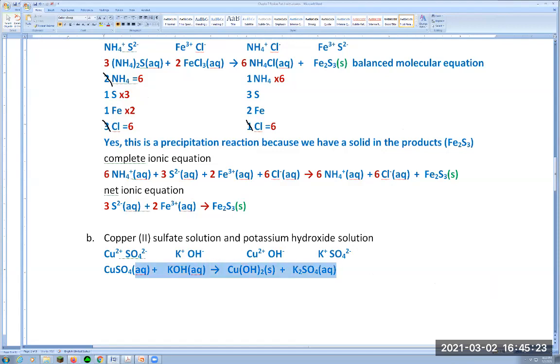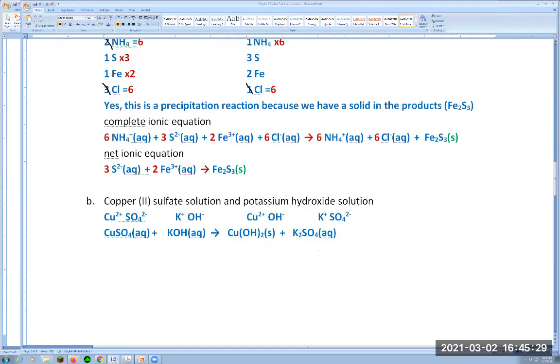So this is what we call the skeletal equation. It's not balanced. So let's balance it now. Again, when you have polyatomic ions, you want to balance the polyatomic ions as a unit. So we will balance the copper, then the sulfate.